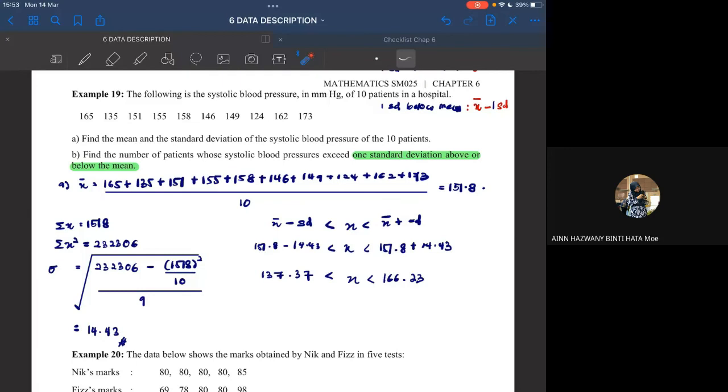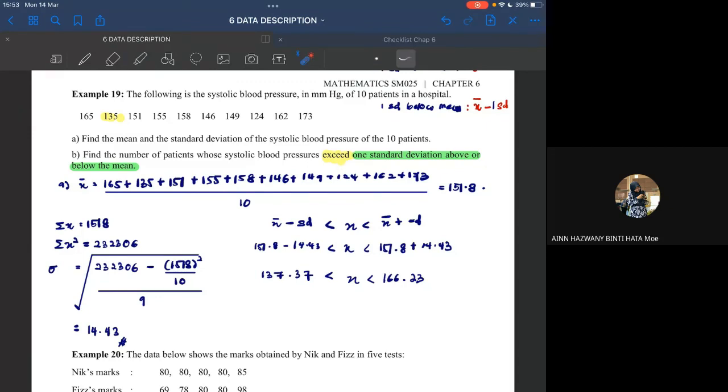Tapi the question said exceed value ini. So kalau kita tengok dekat dalam data kita, yang mana satu yang exceed this value? 165 ada dalam data. 151 ada dalam data lagi.